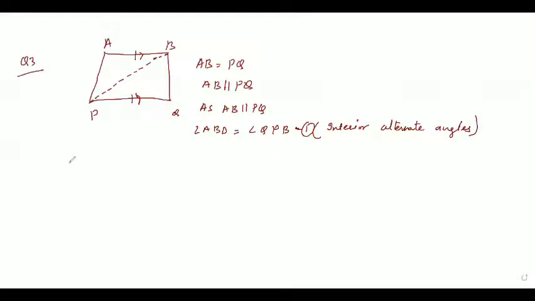So in our next step, in triangle ABP and triangle QPB, AB equal to QP, which is given to us.